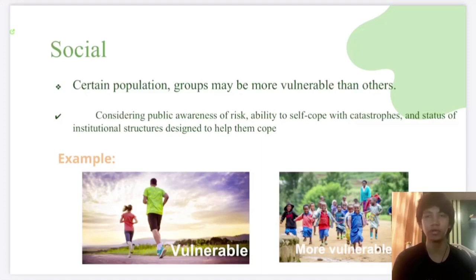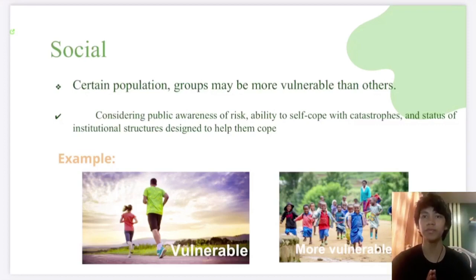For example, children are exposed to more hazards than any other age group. Why? Because children are uneducated. That's why there are institutions, schools, where they are taught to protect themselves in times of danger.